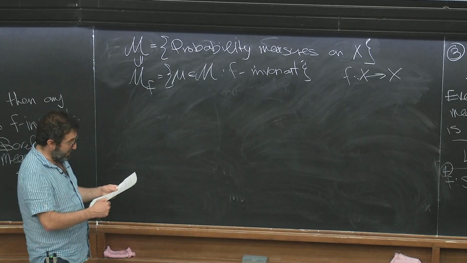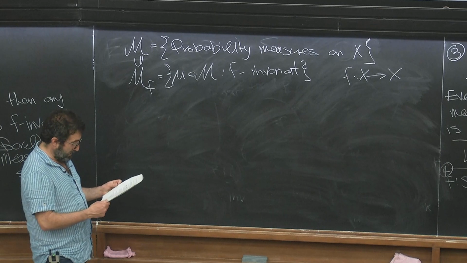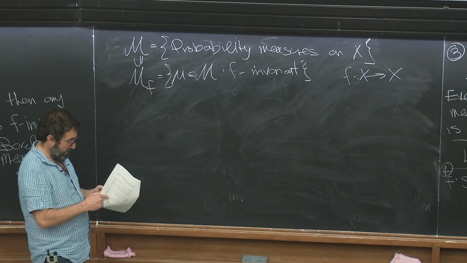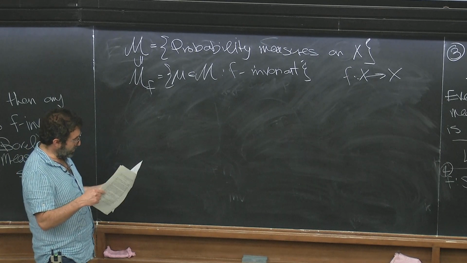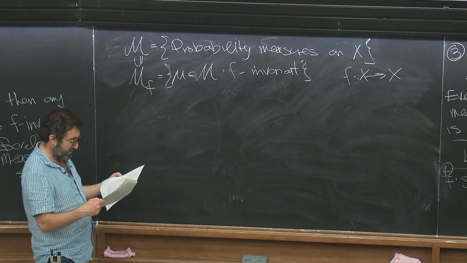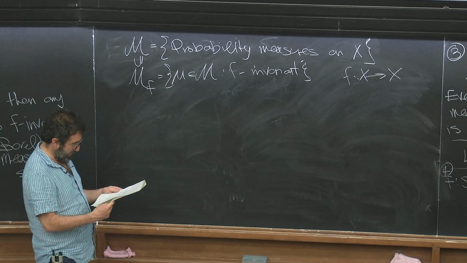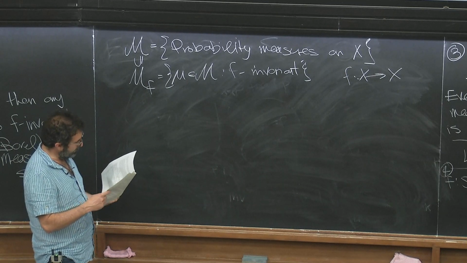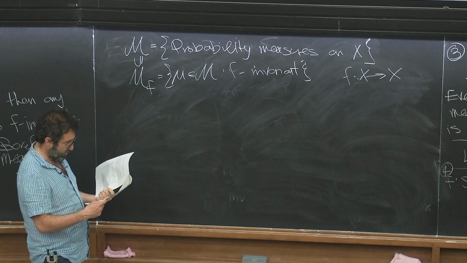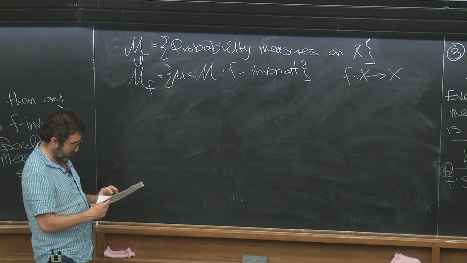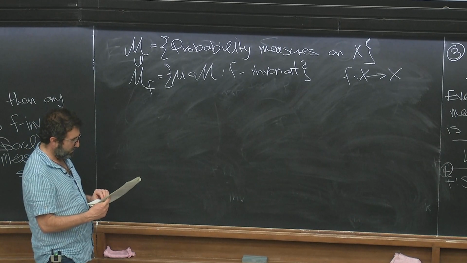So as long as X is non-empty, the space of probability measures is always non-empty. The space of invariant measures, on the other hand, is non-trivially non-empty. In fact, we shall see an example in a second where it may be empty.